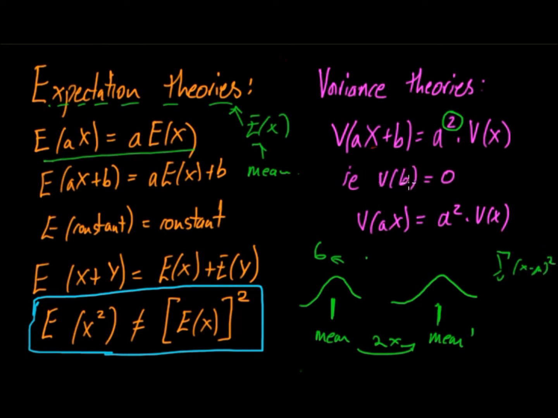The variance of a constant is equal to 0, so that's different. These are not equal. The variance of a constant is 0 because if you have a constant, let's say 7, and variance refers to spread, then what's the spread of 7? Just 0. There's no spread when there's only one number or one constant.